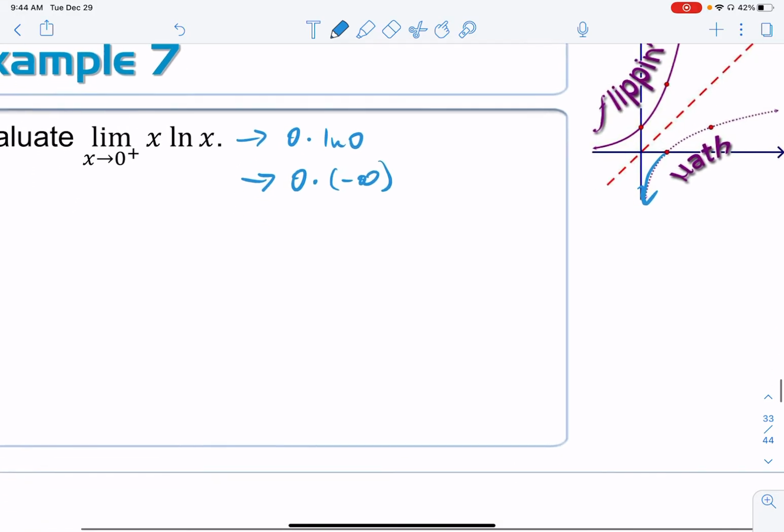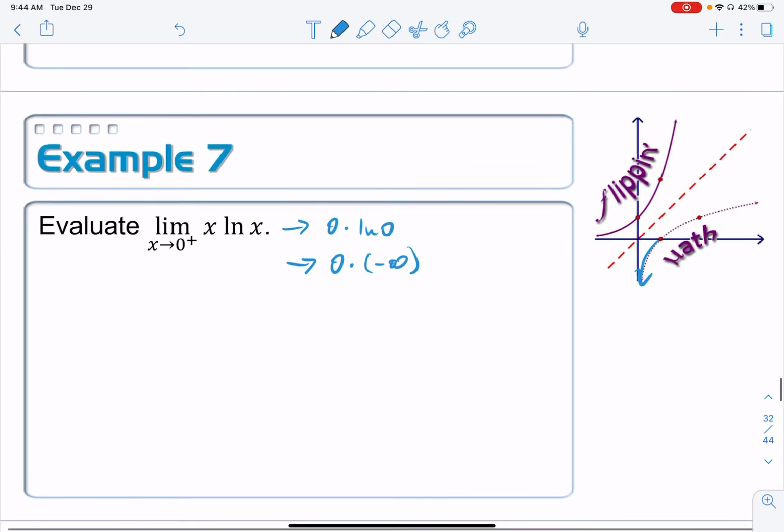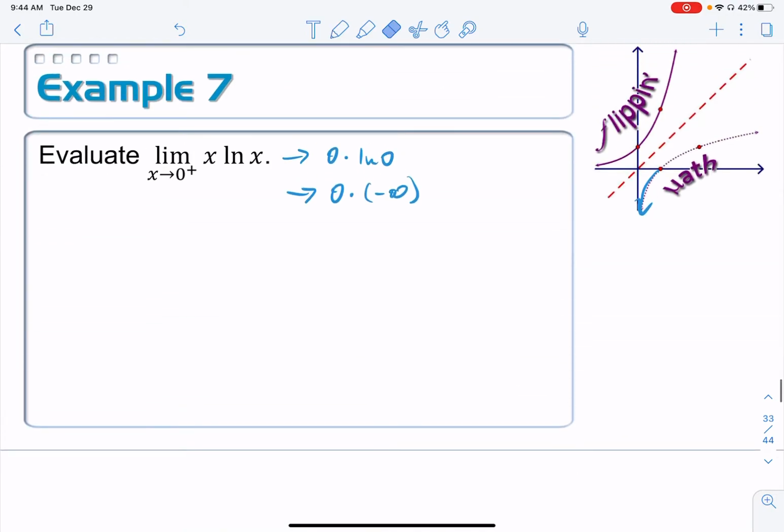And the way that we fix it is we're going to bring one of those things down to the bottom. So here, this is what I want you to think about. I got to bring one of these things down to the bottom, either the x down to the bottom or the natural log of x. So let's look to see which one of these is going to be easier for us to work. Limit as x goes to 0 from the right, if I bring the x down to the bottom, I have the natural log of x over 1 over x.